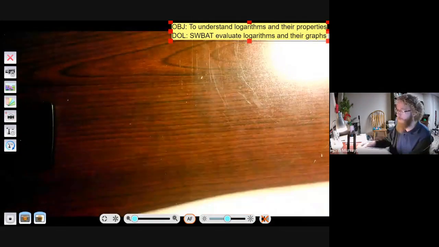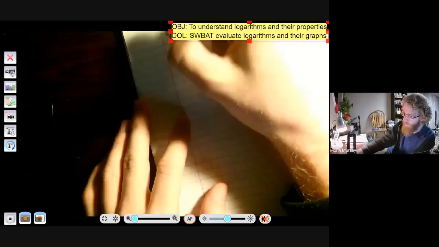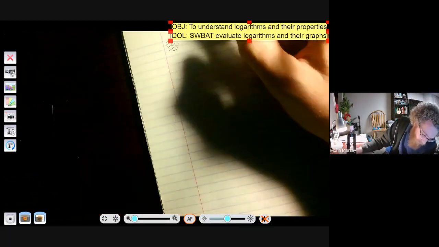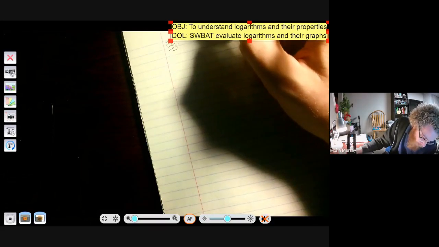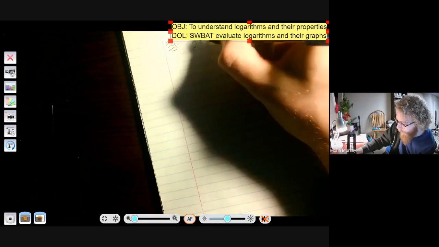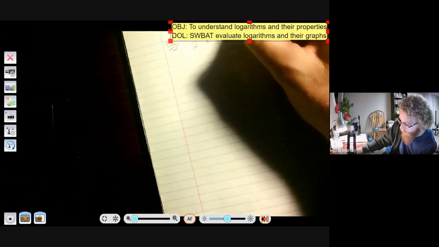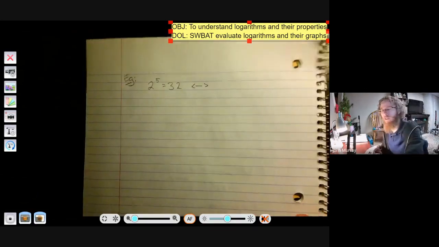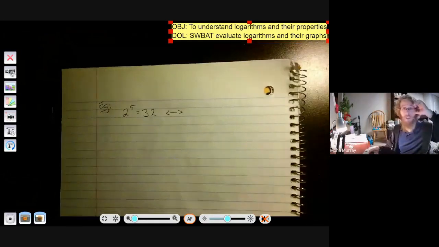All right, so let's take a look at some numbers. If I said something like 2 to the 5th equals 32, so I have 2 to the 5th power equals 32.